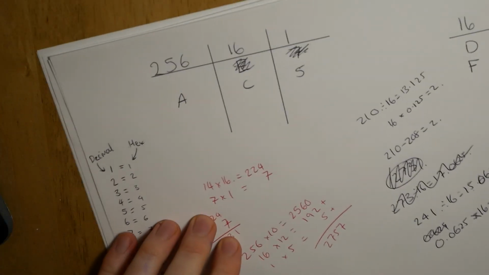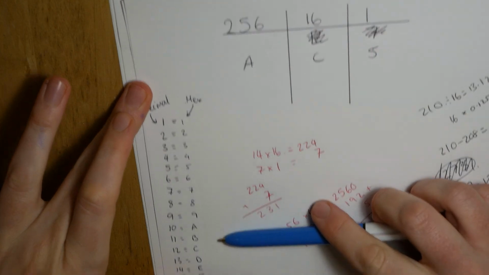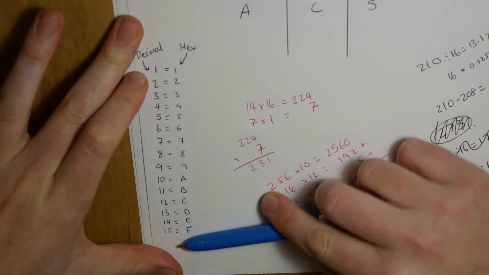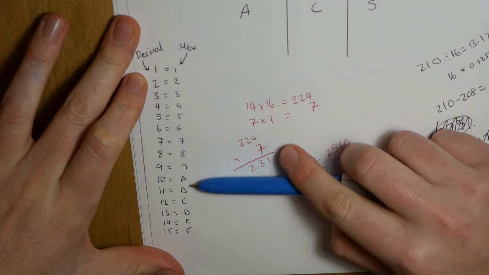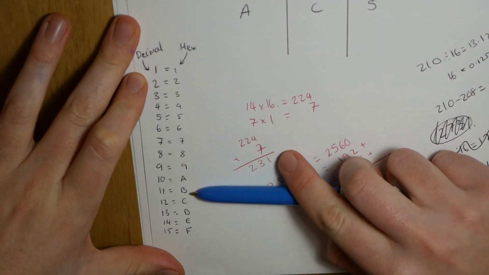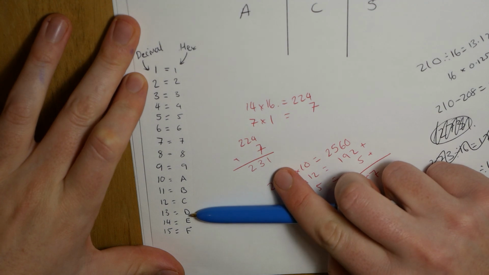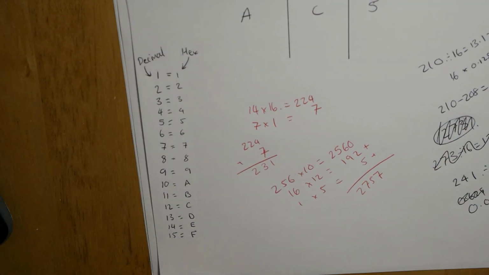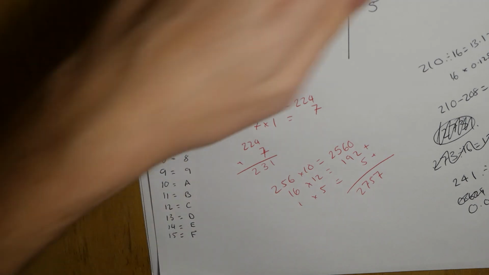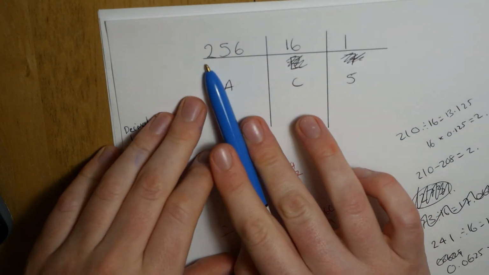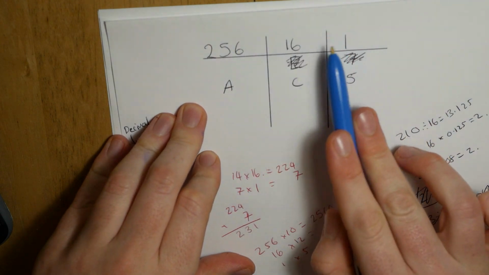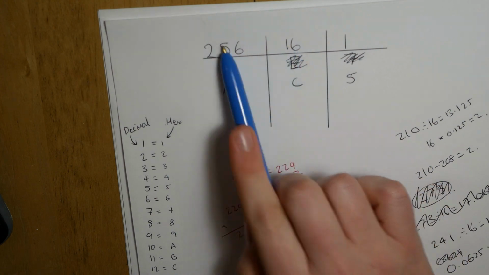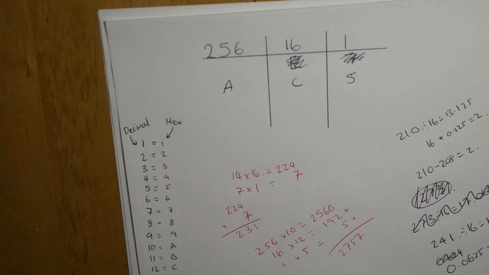Again, top tips would be write down the conversions. 1 to 9 is the same, and then 10 is A, 11 is B, 12 is C, 13 is D, 14 is E, 15 is F. And then you just pop in the 16 times each one on there. So instead of 1, 2, 4, it's 1, 16, 256. Thank you, and have a go at some others.